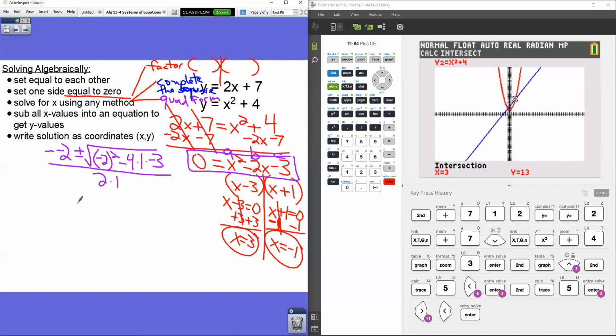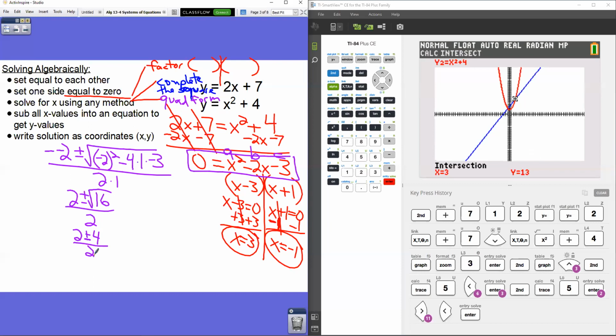Negative of -2 is +2, plus or minus. When you do this calculation inside the square root, you get 16. So plus or minus the square root of 16 over 2. 16 is a perfect square. The square root of 16 is just 4. So I now really have 2 plus or minus 4 all over 2.